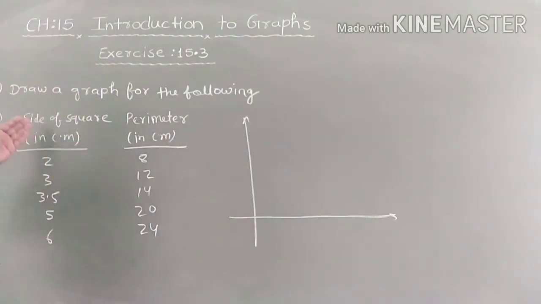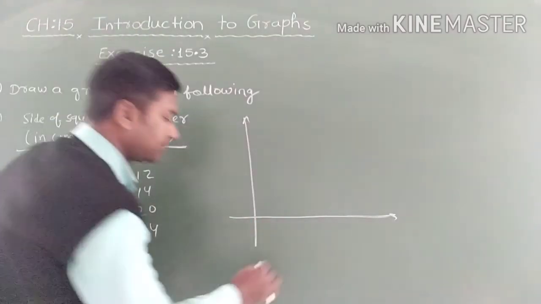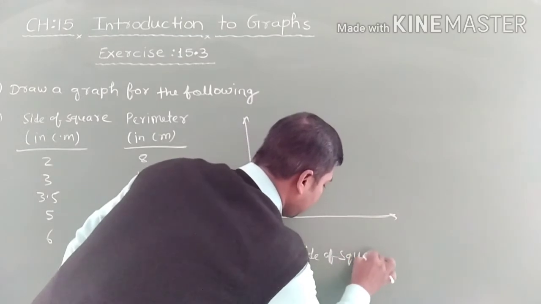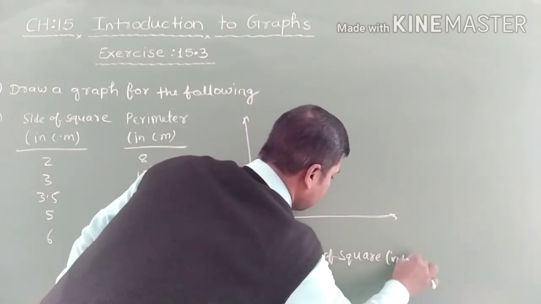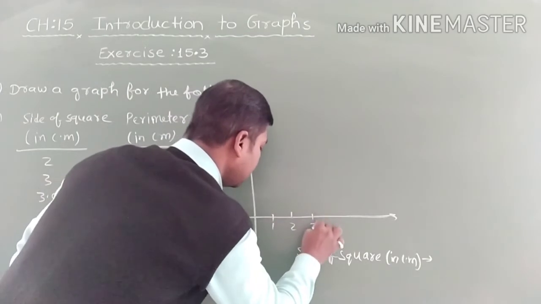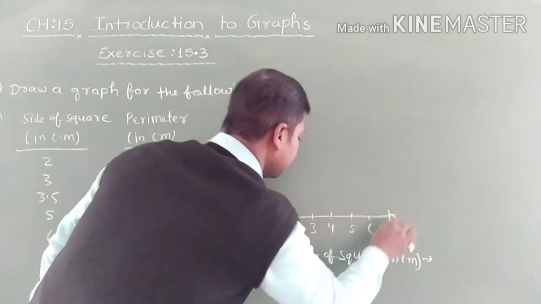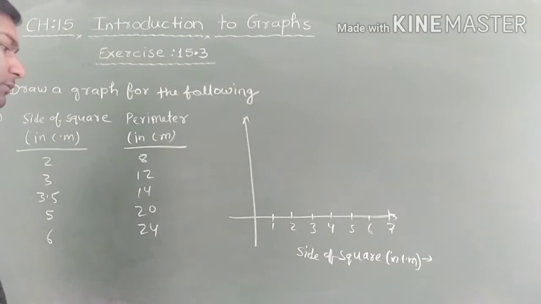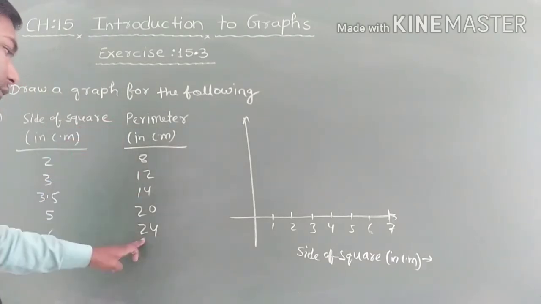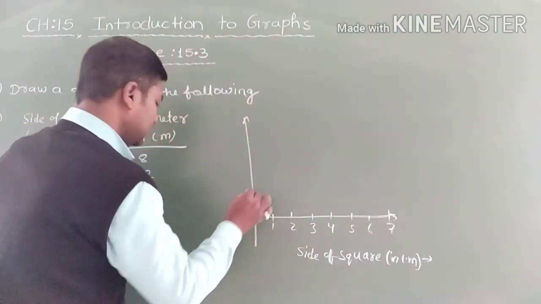I am taking side of a square as x-axis. So this will be centimeter. So 1, 2, 3, 4, 5, 6, 7. Now in perimeter, so 8, 12, 14, 20, 24. So let's suppose this is 8, 12.